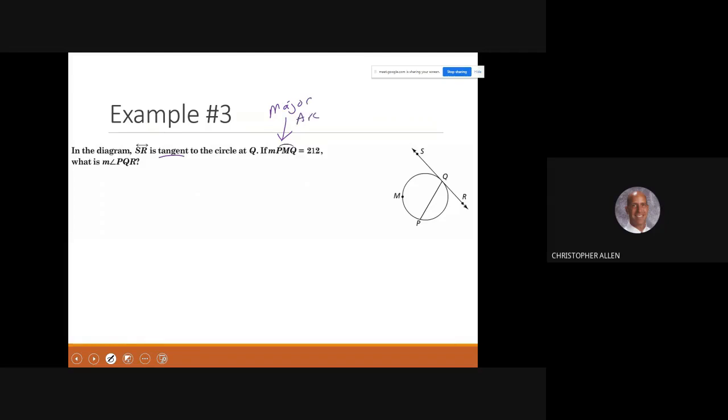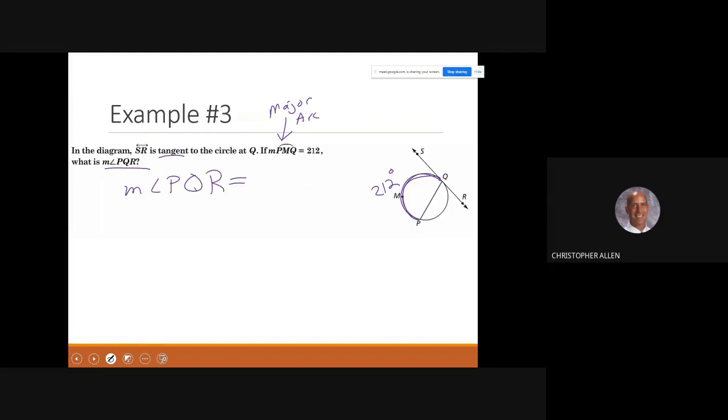The measure of the major arc PMQ is 212. That means this arc right here is 212. Their question is, what is the measure of angle PQR?